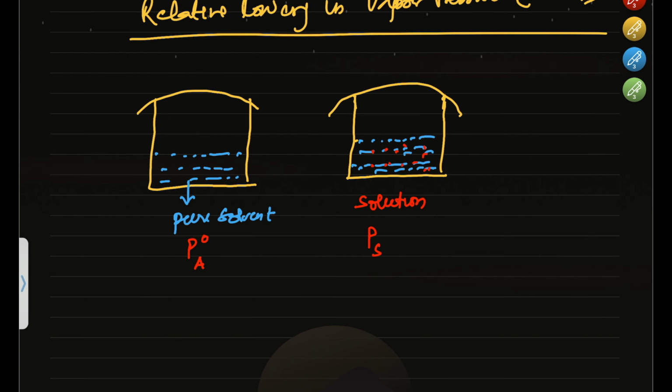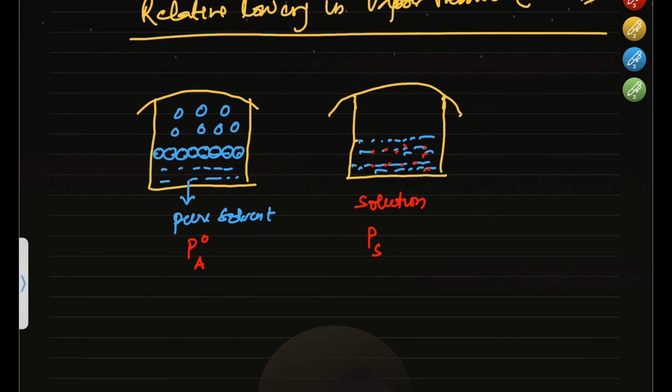But how? If we look at a pure solvent, there are only solvent molecules at the surface of the liquid. So in the case of the pure solvent, the entire surface is occupied by volatile solvent molecules. Therefore, more molecules evaporate and form vapor.